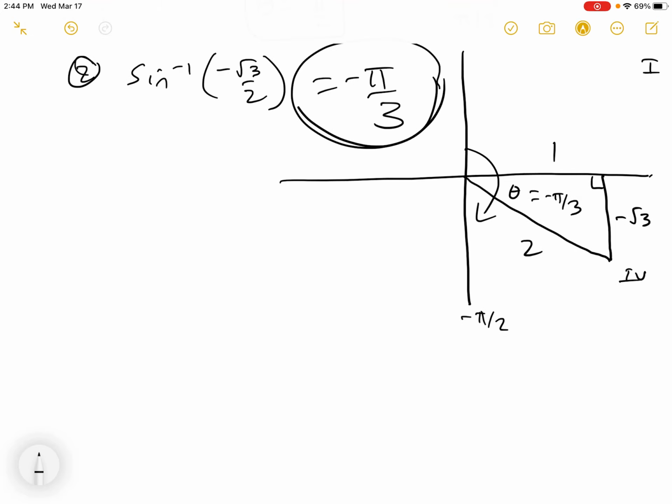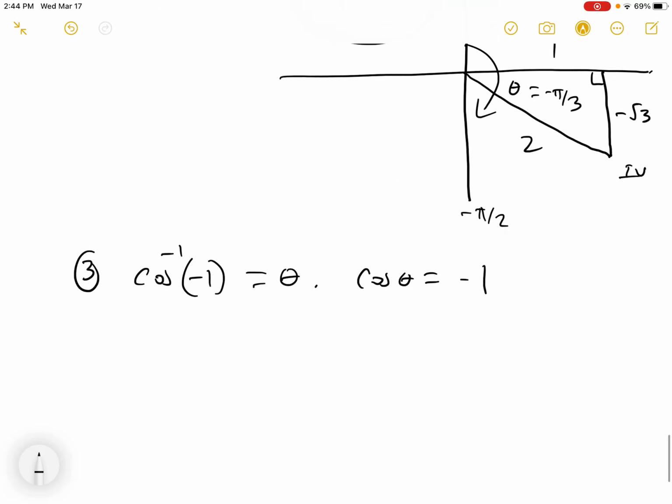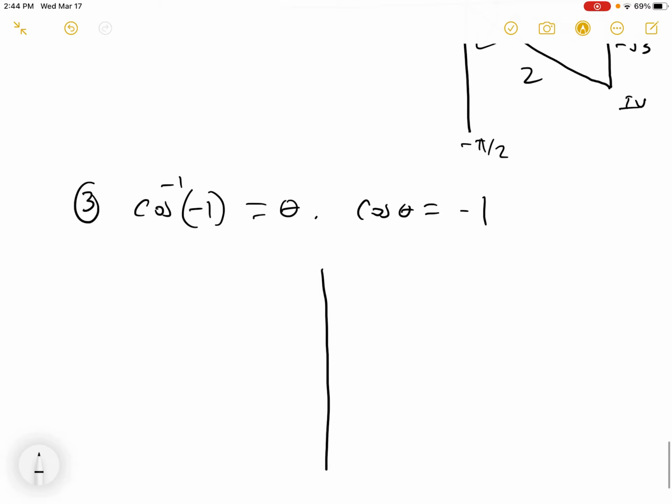How about cosine? What's the cosine inverse of minus 1? Right, this is equal to some angle, so this says the cosine of theta is minus 1. Okay.